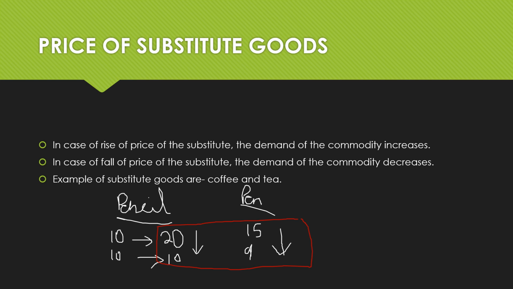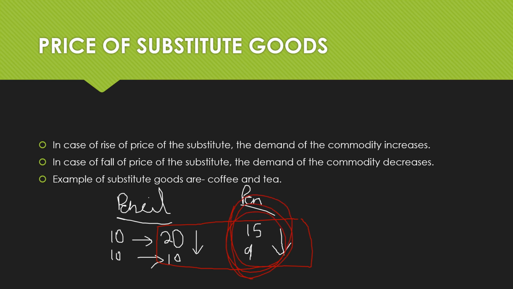So with the fall in price of pen, there will be a fall in demand for pencil. This is the impact that the price of substitute goods is having on the demand. That's why this particular factor is important.